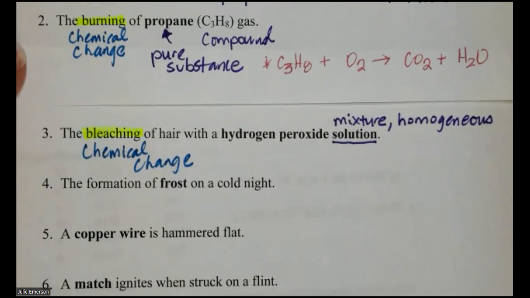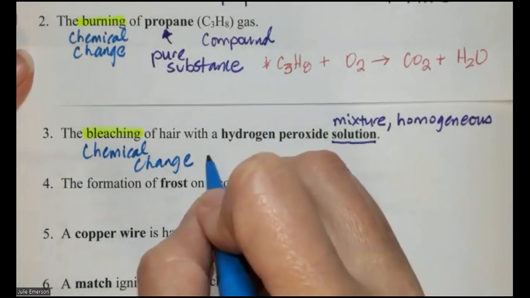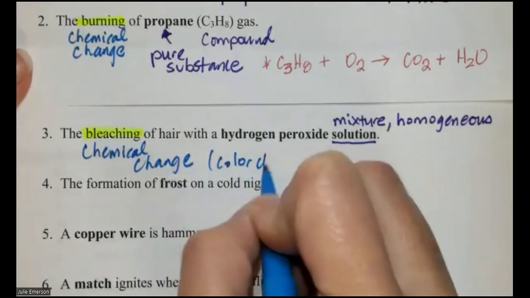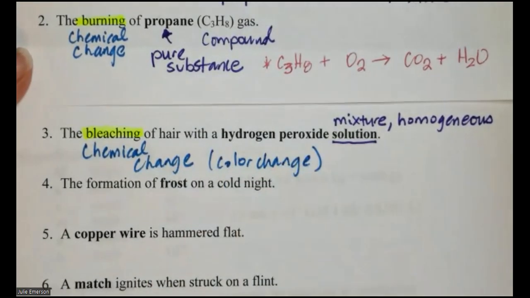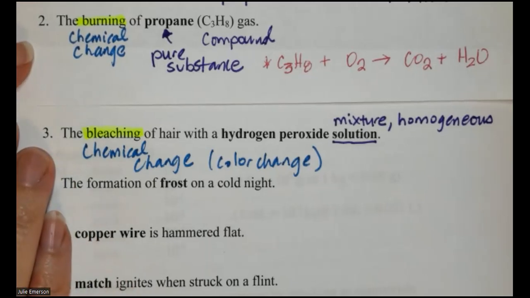New matter is formed. The other thing, and this is something we'll talk about in lab, is that typically when you have a color change, it signals to you that you have new matter formed. So a color change is typically a chemical change because now there's new matter there, something that wasn't there before. And we see that because we have new physical properties.